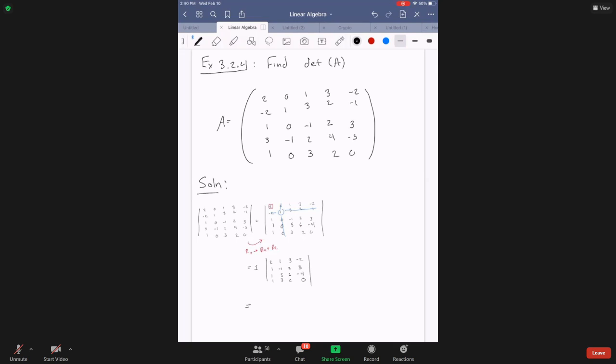You know what? So what time is it right now? 40. Okay, so yeah, I think what I should have done is 2 row operations before doing the cofactor expansion. I should have first done what I did first.